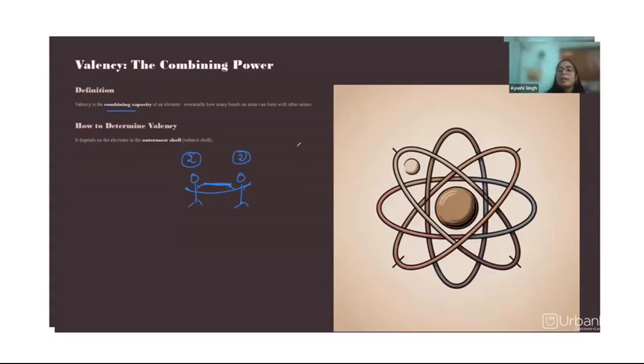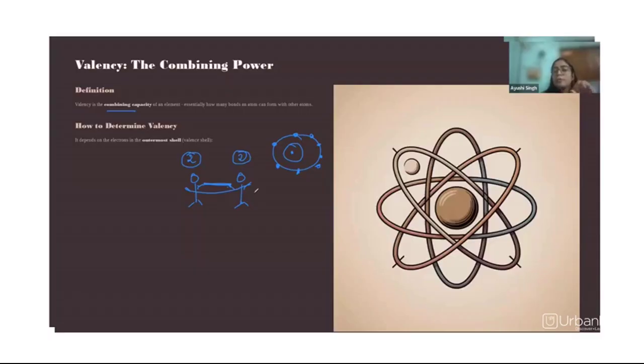Similarly, if we talk about elements, like we discussed earlier, they have outer shell electrons. If the outer shell is filled to the maximum capacity of that shell, then it will be a stable atom and will not need any more electrons. But if the maximum capacity of a shell is not fulfilled, then that atom will start reacting with other atoms to make bonds.